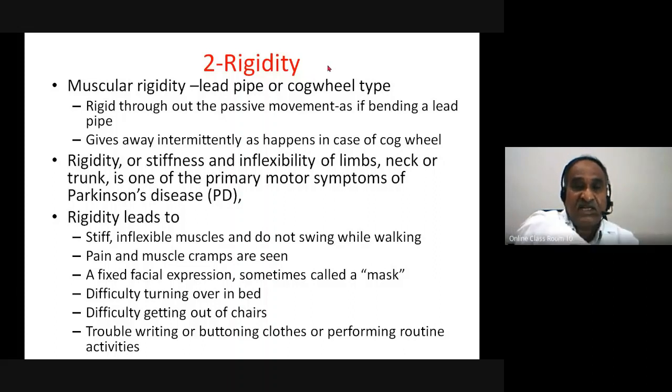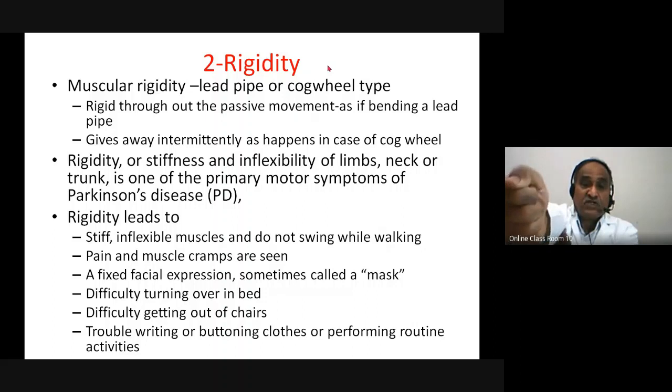If I push it, it is rigid, and if somebody wants to bend it, you cannot bend it, because both the extensors and the flexors, the agonist and antagonist muscles, are contracted. So that is lead pipe rigidity.